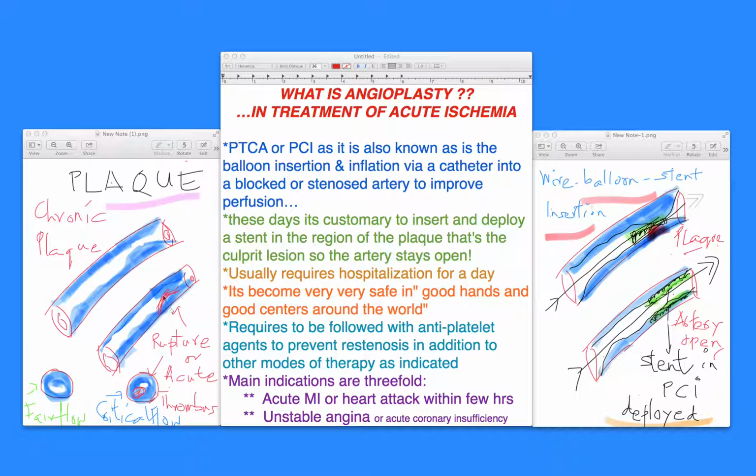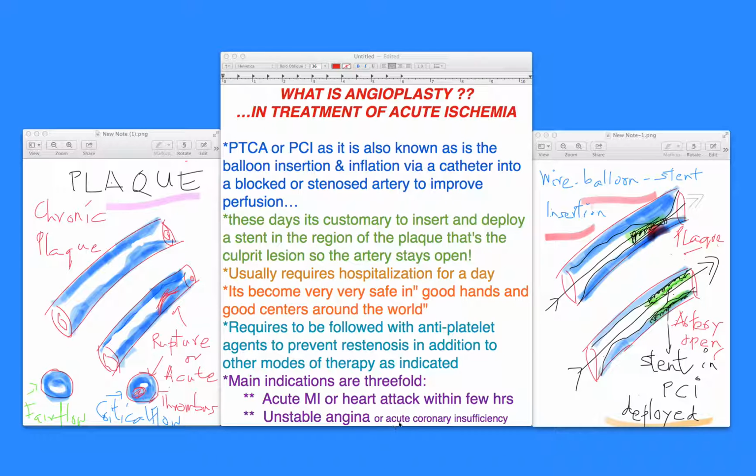So the main indications now, once again, for angioplasty are divided into 3 categories. One is acute MI or heart attack within a few hours. 2 is unstable angina or acute coronary insufficiency. And 3, when you cannot do a coronary artery bypass surgery.